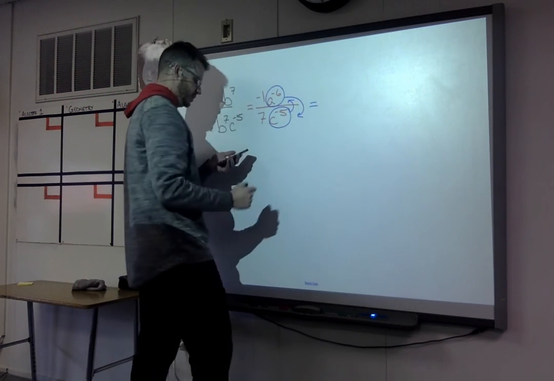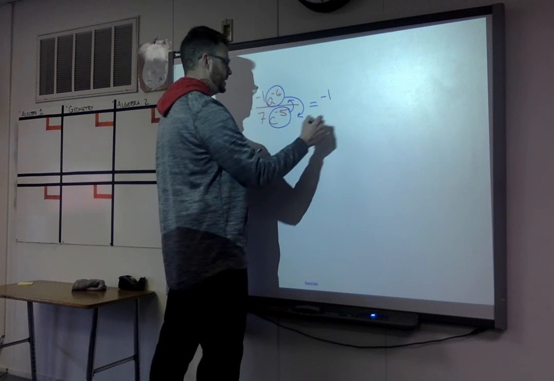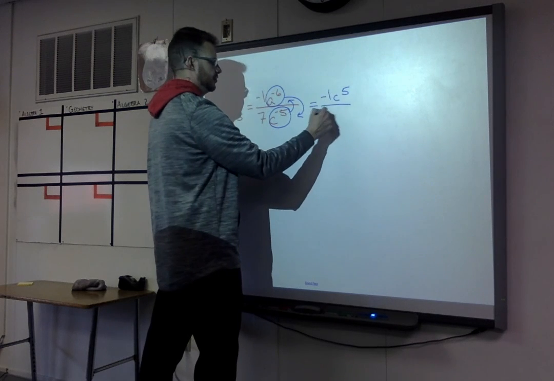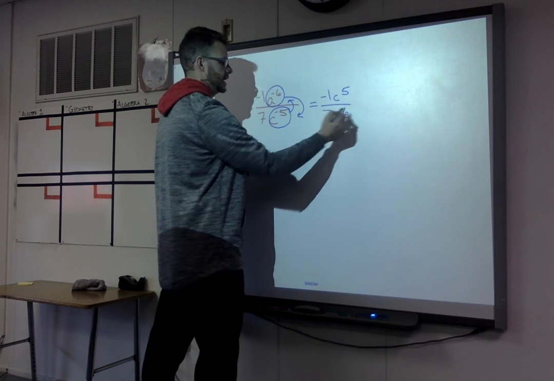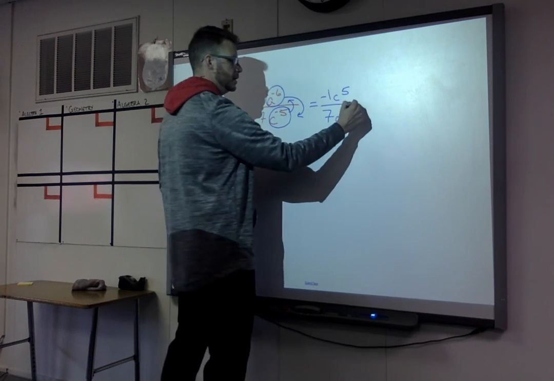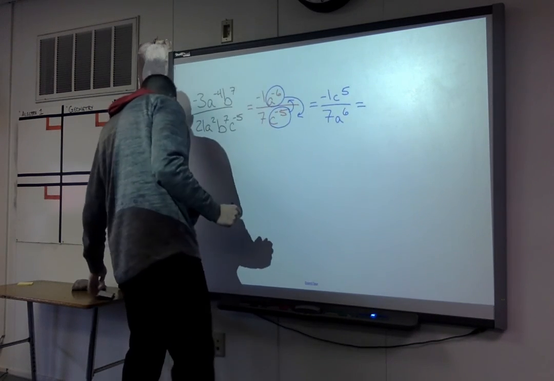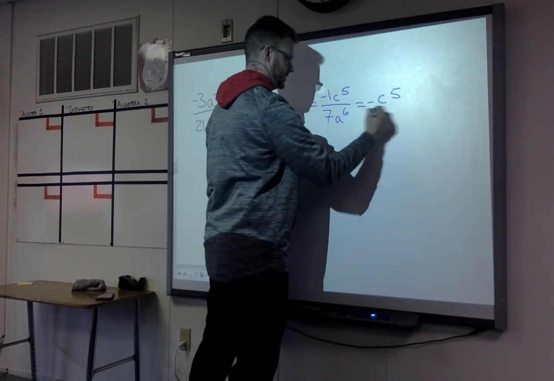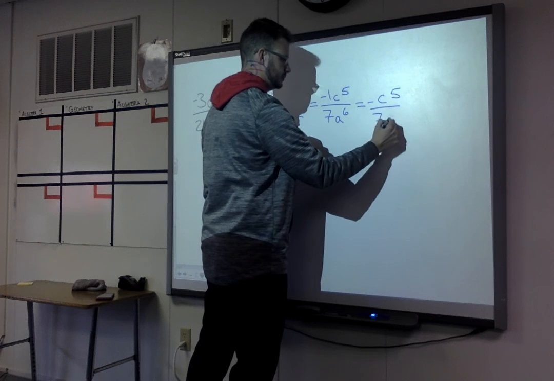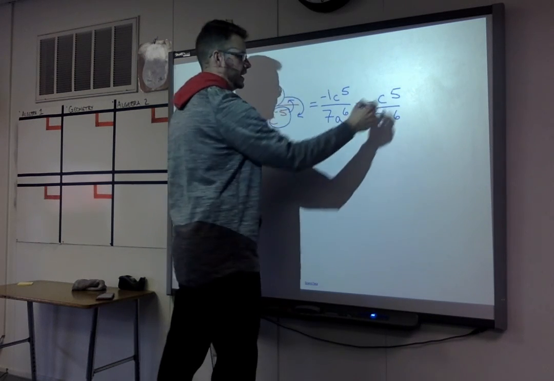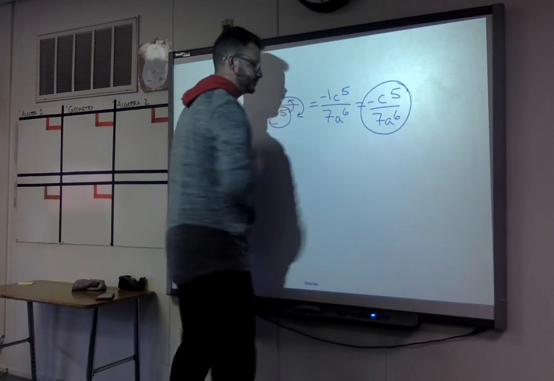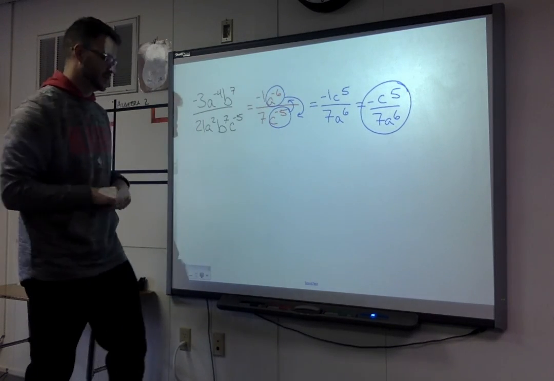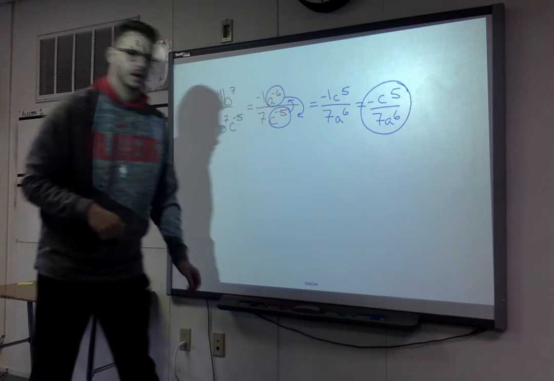So this would then become negative 1 times c to the 5th over 7 times a to the 6th, which could then simplify to just negative c to the 5th over 7a to the 6th. That's simplified as much as it can be, so that would be our final answer.